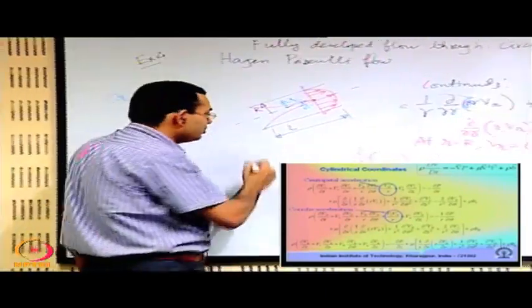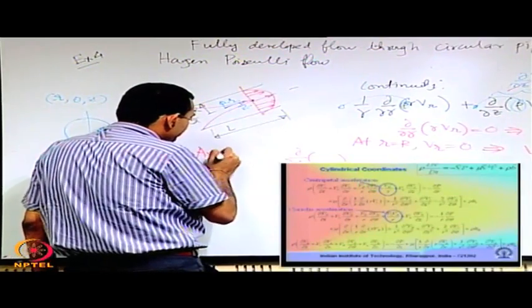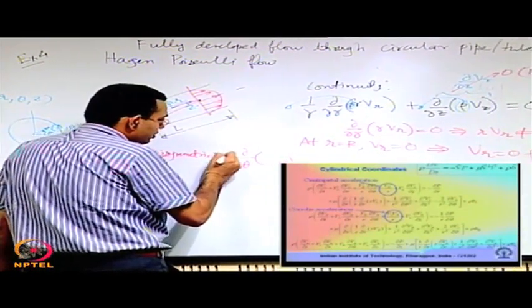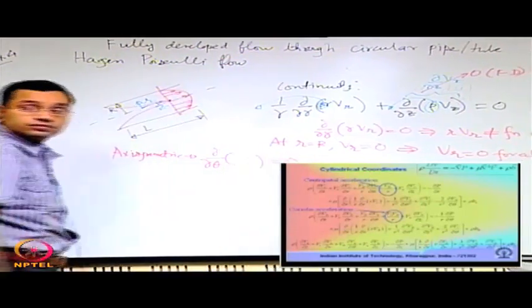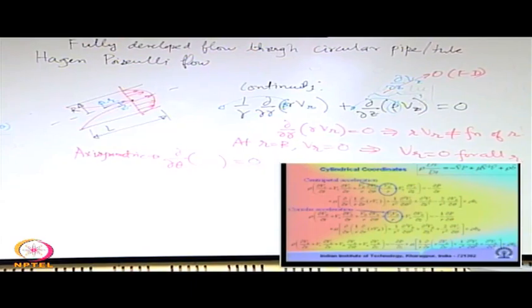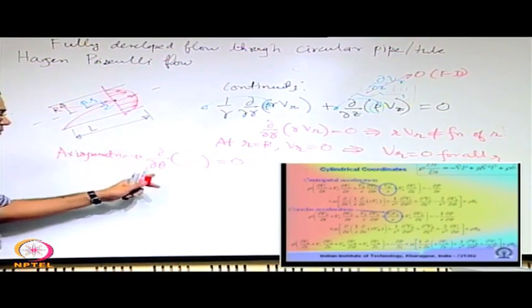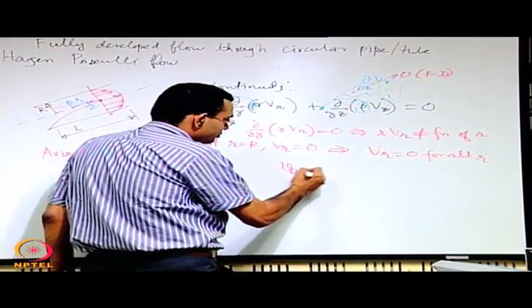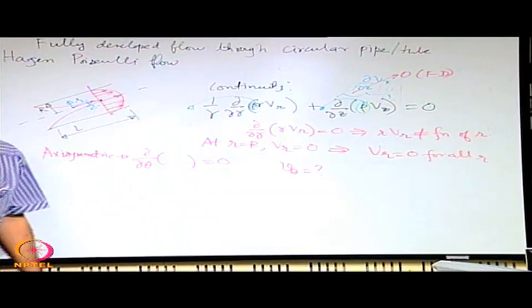So an axisymmetric problem will always mean this equal to 0. When you have an axisymmetric problem, which means that this equal to 0, you have to keep another thing in mind, that an axisymmetric problem does not ensure that V theta equal to 0. You could still have V theta but that not a function of theta.